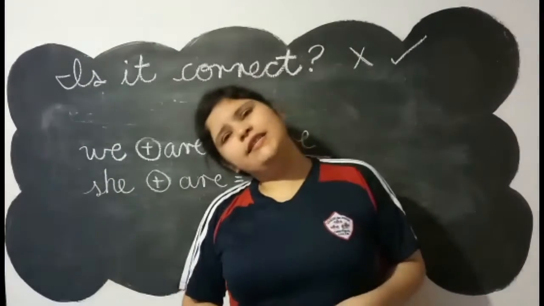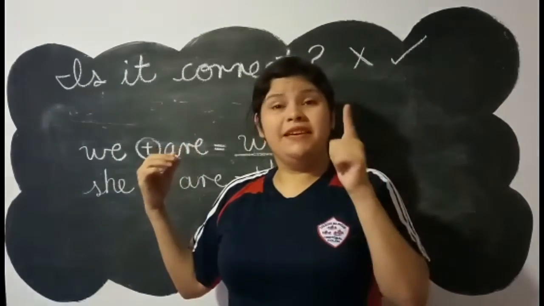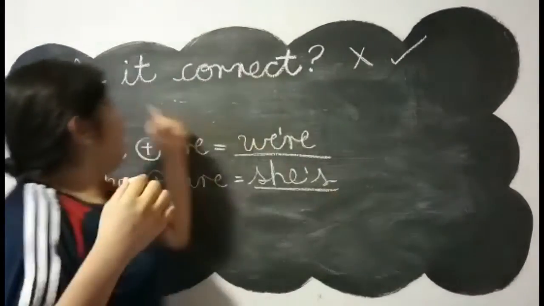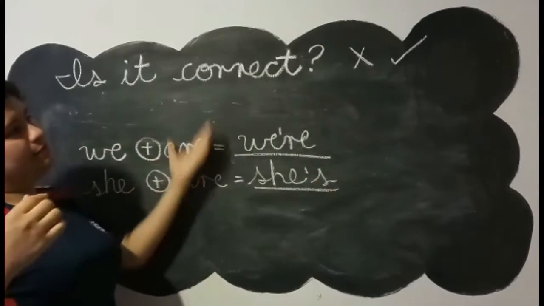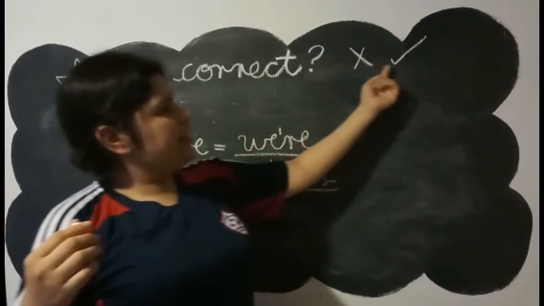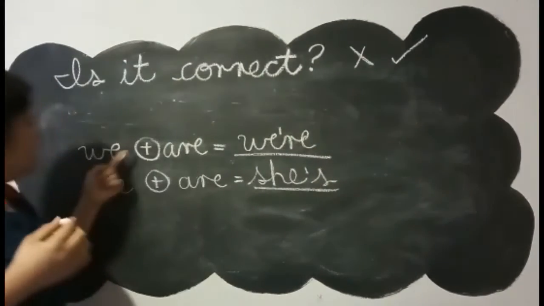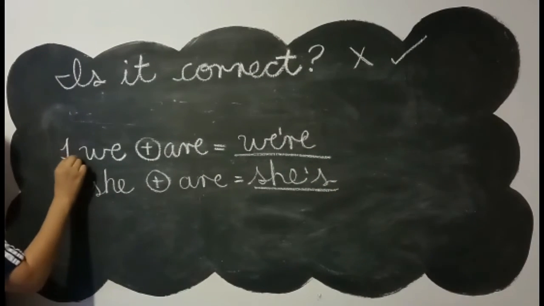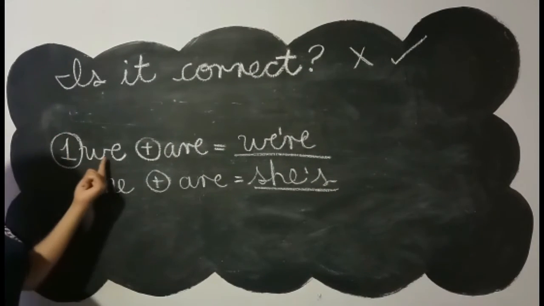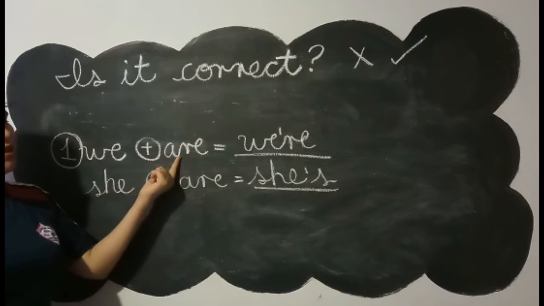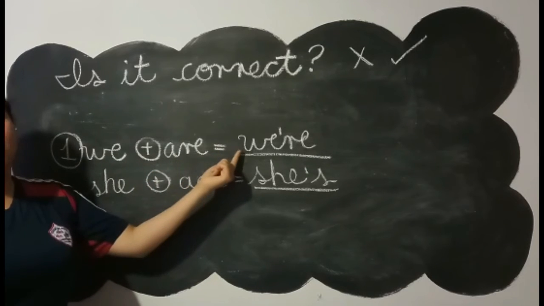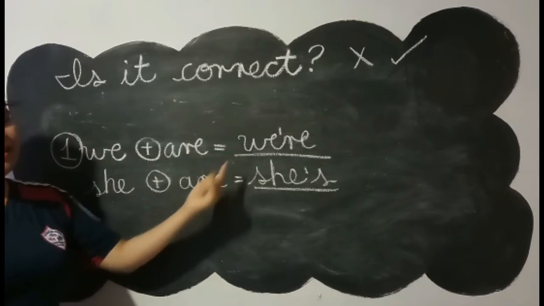Now, let's make an example of an exercise. Pay attention. Is it correct? You will say yes or no. In the number 1, we plus are is the same as we're.